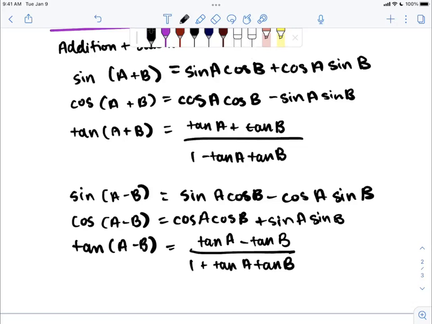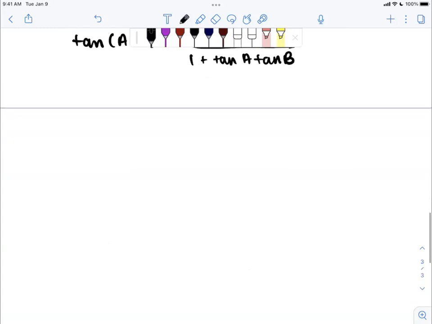Now, from these, we also get the double angle identities, which you can just get from these, but this is when you have A equal to B, and so you can get a formula for sine 2A or cosine 2A or tangent 2A. Let's write down these as well.